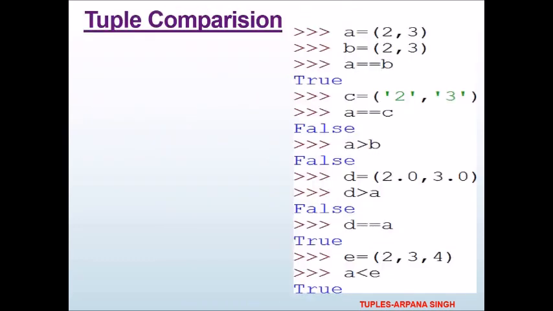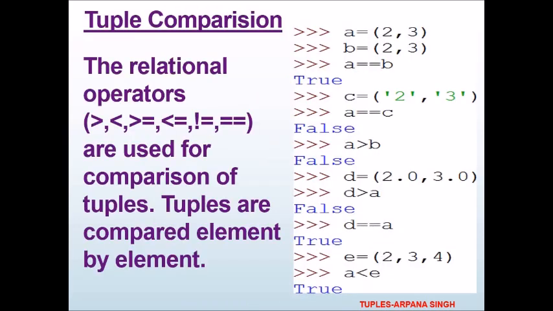Tuple comparison. The comparison operators, single equal to, double equal to, less than, greater than, less than equal to, greater than equal to, not equal to, all these relational operators can be used with tuples also, and they are compared element by element. Like first element will be compared of the two tuples, then second element, and third element, and so on. So here a is 2, 3, b is 2, 3, both are same.